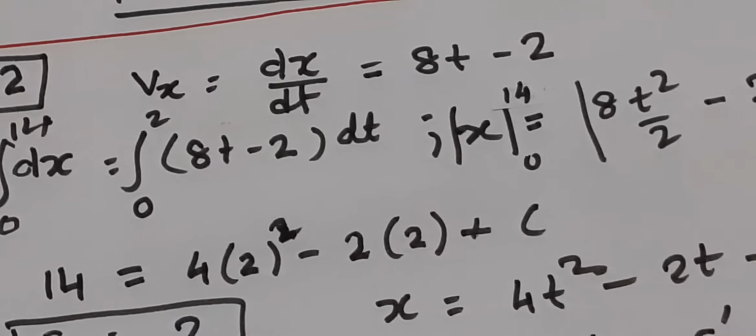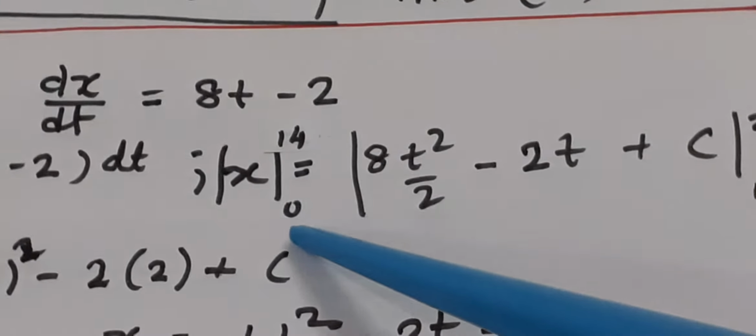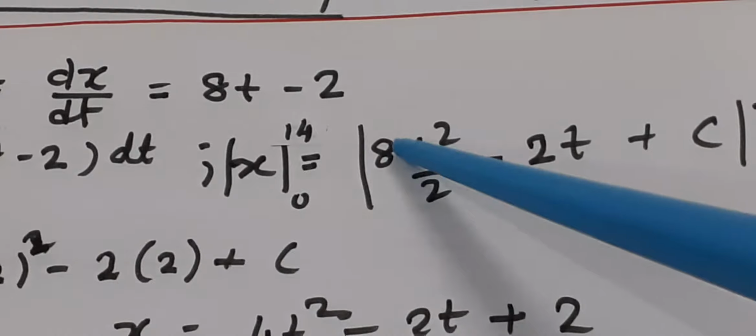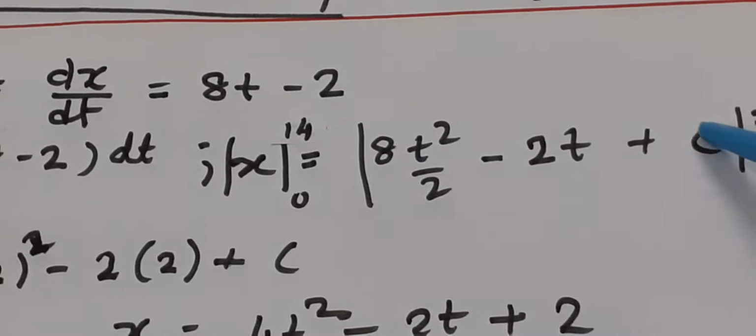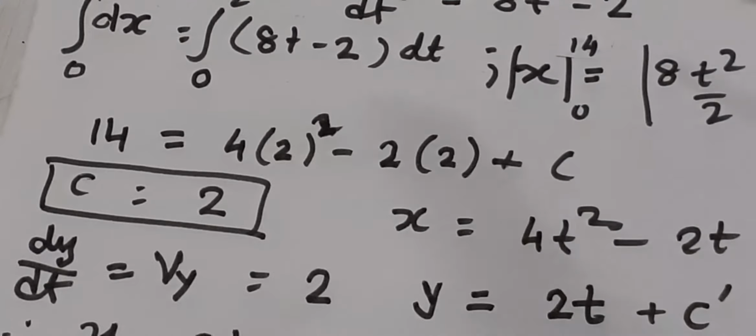Now after integration we will see that this comes in this form, x from 0 to 14, 4t square minus 2t plus c. Substitute the limit and we can get c will be 2.